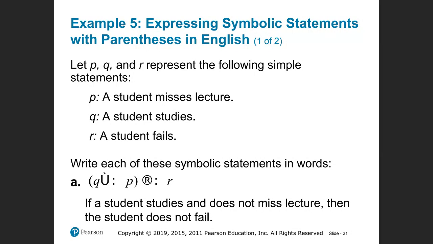So the English statement would be, if a student studies and does not miss lecture, then the student does not fail. So there should be the caret and the not for P inside the parentheses, and then the part outside the parentheses should be the arrow pointing to the right.